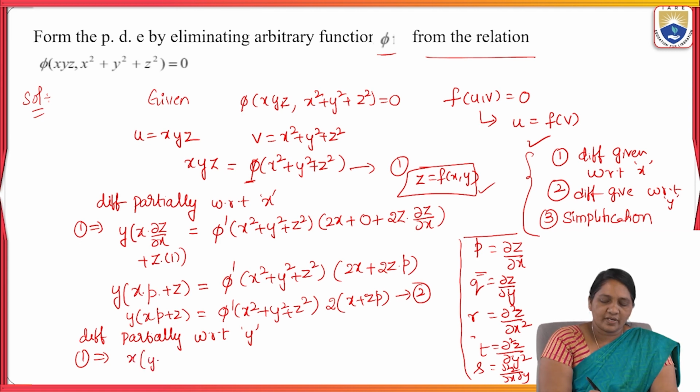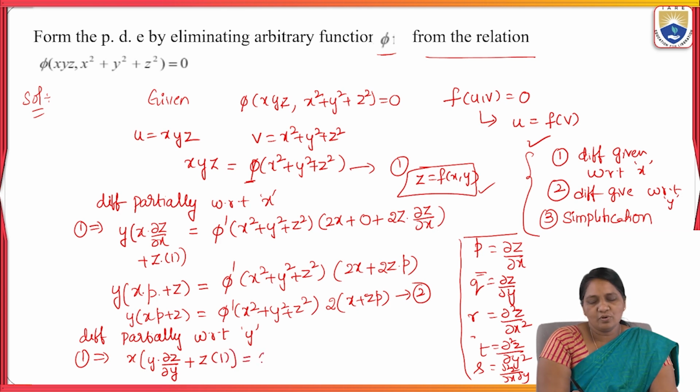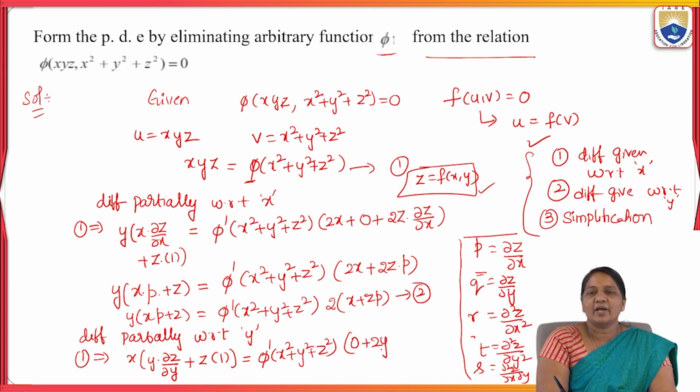So x into y dou z by dou y plus z into the y derivative, which is 1, is equal to phi dash of x square plus y square plus z square into, here x square is constant so 0, plus 2y plus 2z into dou z by dou y.